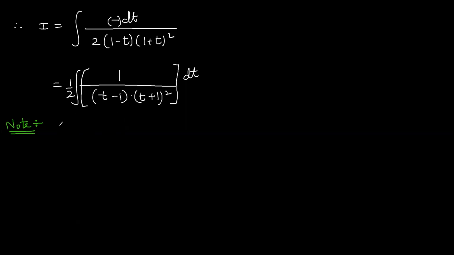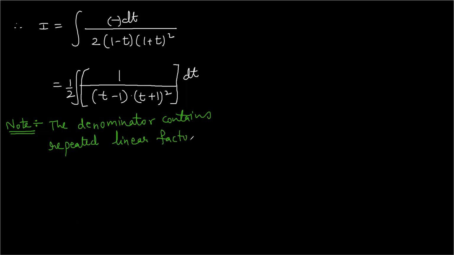Why second type? Because here I notice the denominator contains repeated linear factors. Where do I see repeated linear factors?